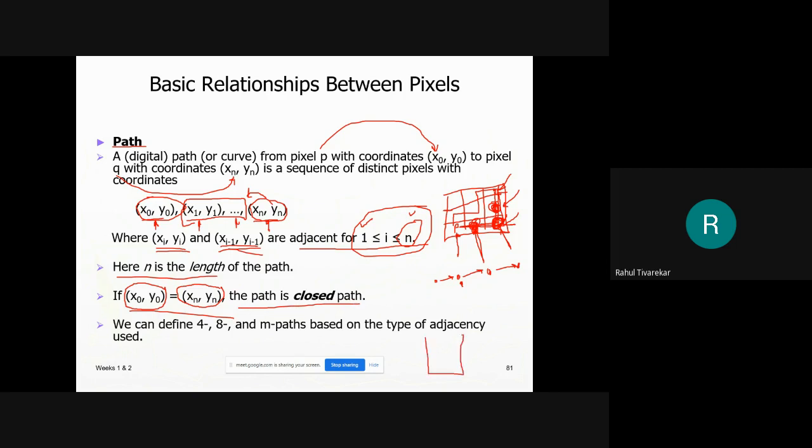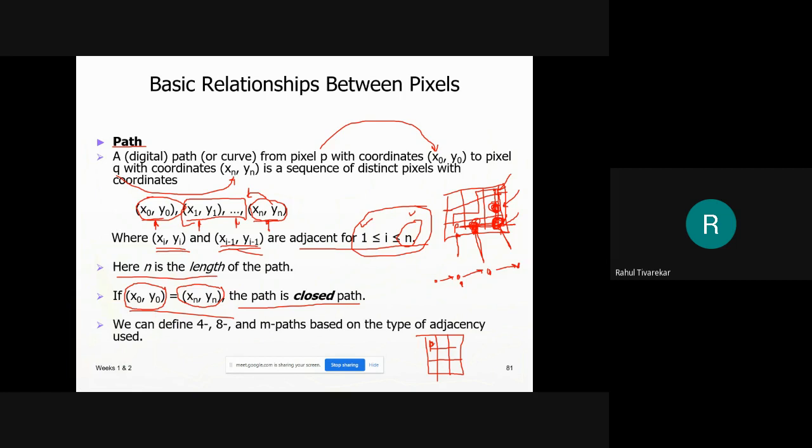For an example, if I show you an image like this, suppose this is a pixel P, the path starts here. Let me show you the complete path.